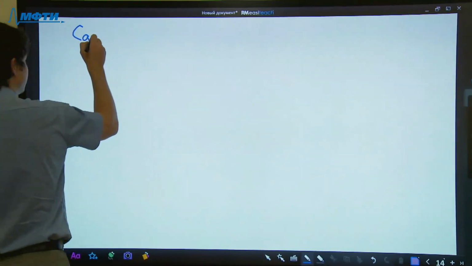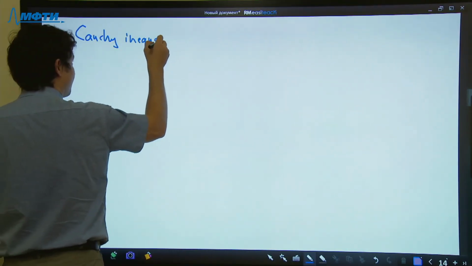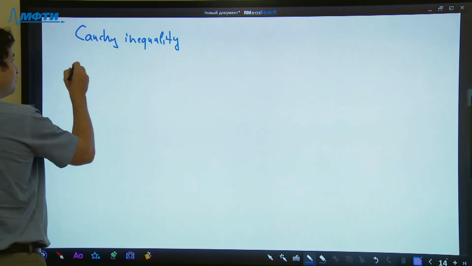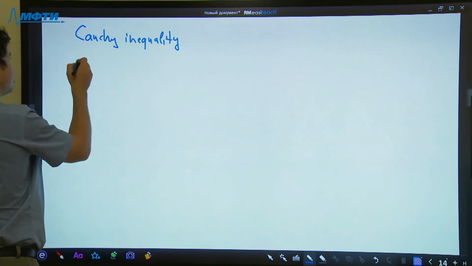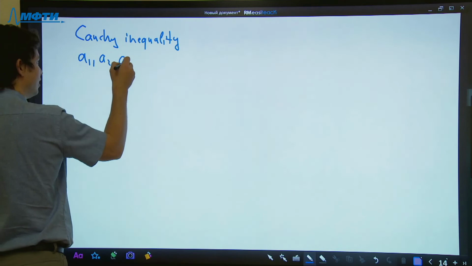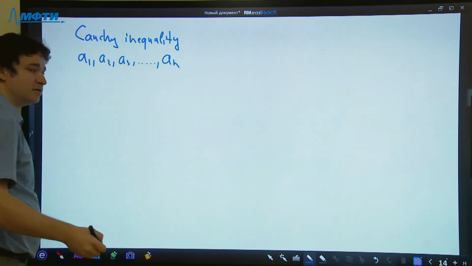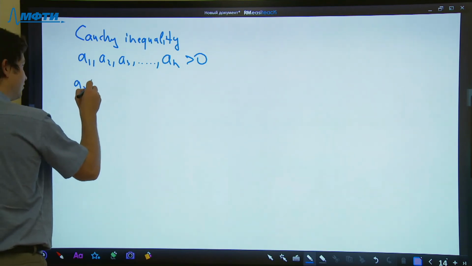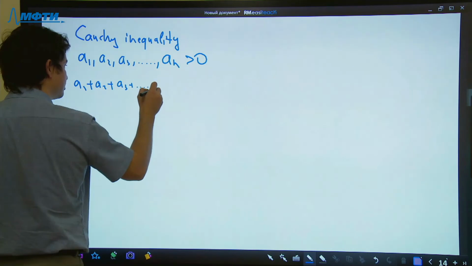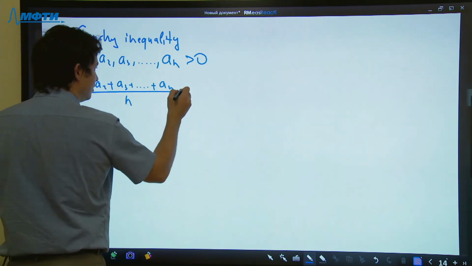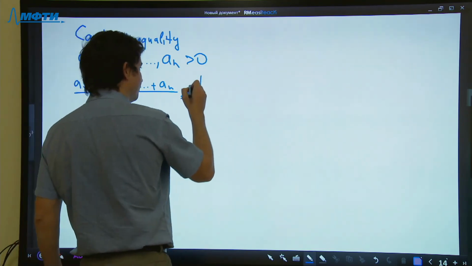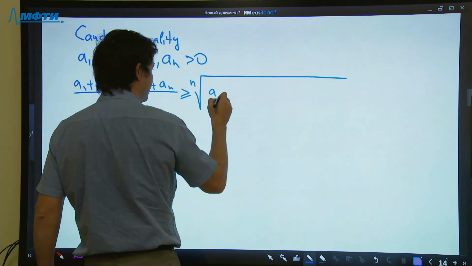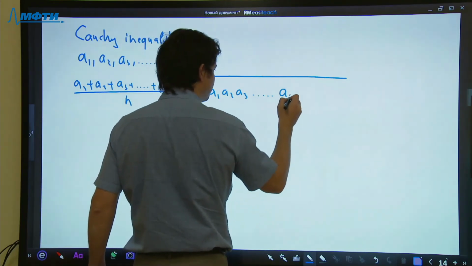It's called the Cauchy inequality. It's one of the fundamental inequalities in mathematics, and it says that in the general case, if you have a certain number of quantities which are larger than 0, a1, a2, a3, and so on and so forth till an, so n variables larger than 0, then a1 plus a2 plus a3 and so on plus an, over n, is greater or equal than the root of n's power of the product a1, a2, a3, and so on to an.